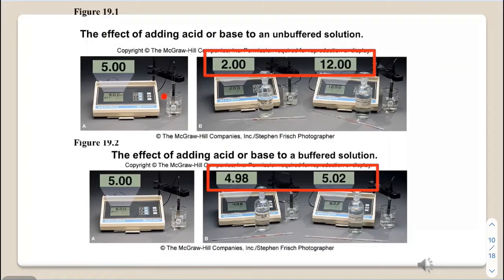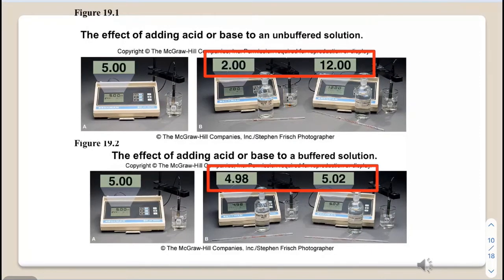Look at the solution in a beaker. This is an unbuffered solution. When we measure the pH of this solution, we observe that the pH is 5. After the addition of a small amount of strong acid, suddenly the pH of this solution drops to 2.